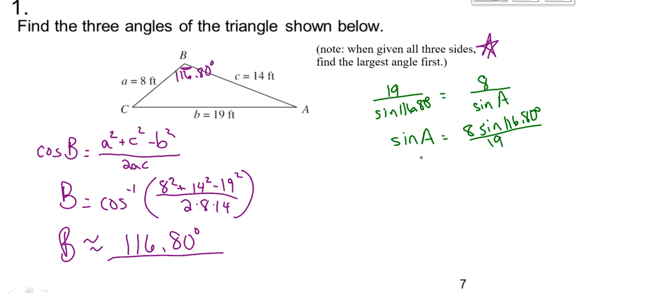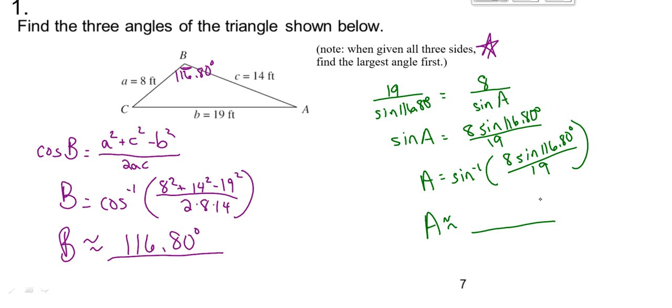And so A is the inverse sine of 8 sine 116.80 degrees divided by 19. This is much easier to type in on a calculator. If you want to try that, go ahead, pause this, and then we'll go over it.